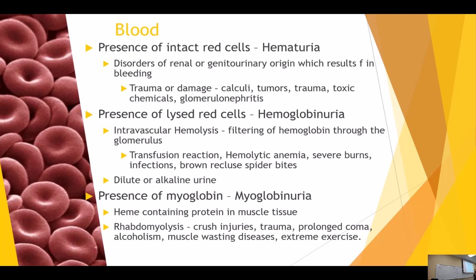The last one is myoglobinuria, and that is the presence of myoglobin. Myoglobin is a heme-containing protein that's in muscle tissue. What happens is you have a disease called rhabdomyolysis. Something happens, and oftentimes it's a crush injury. It can be trauma, prolonged coma, and extreme exercise can even cause it. There's a bunch of case studies out there with regards to CrossFit causing rhabdomyolysis.